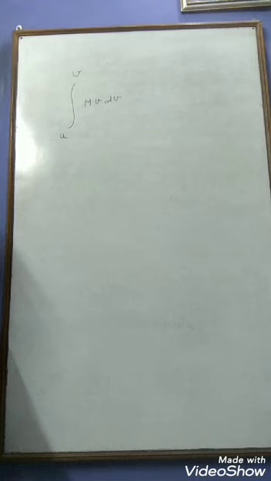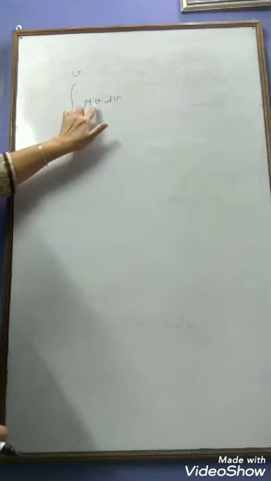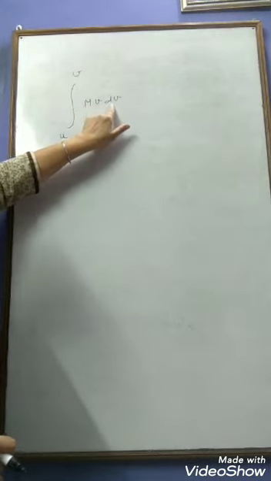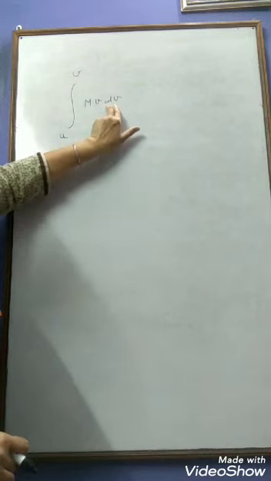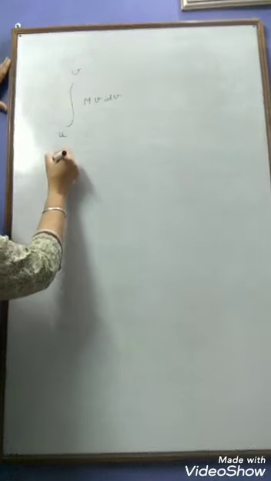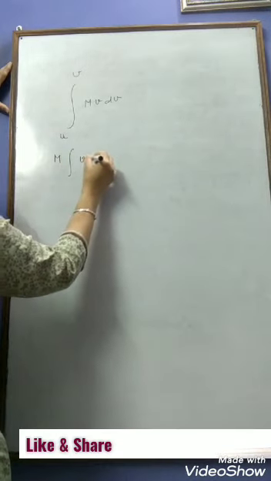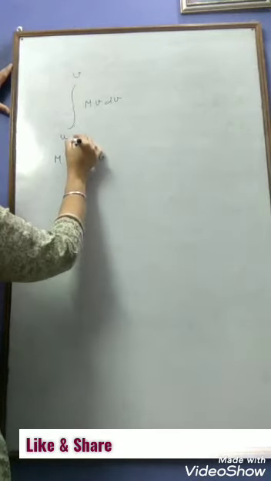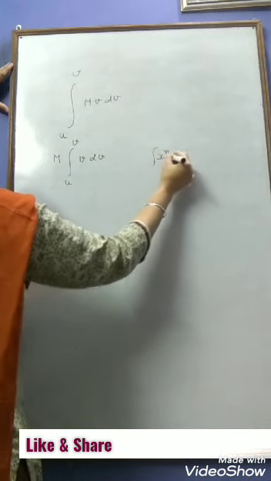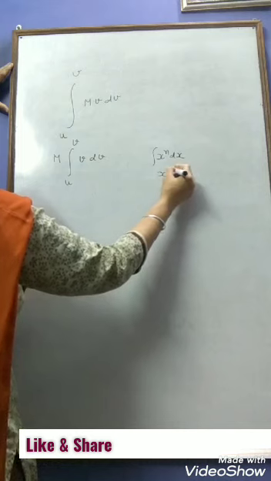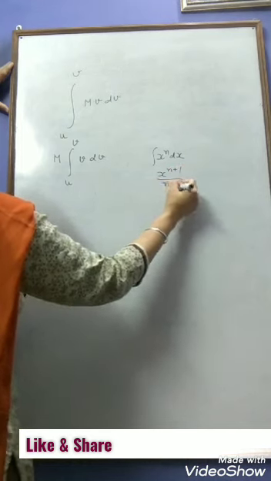The integral of mv dv from u to v. Here we have the terms mass, velocity, and differential of velocity. We integrate the term whose derivative is present. The formula is x^n dx gives x^(n+1) over n plus 1.